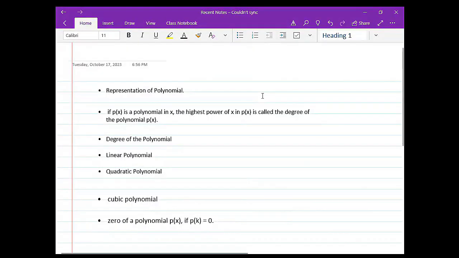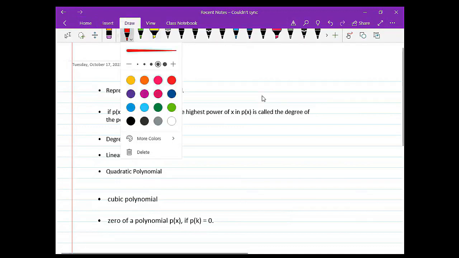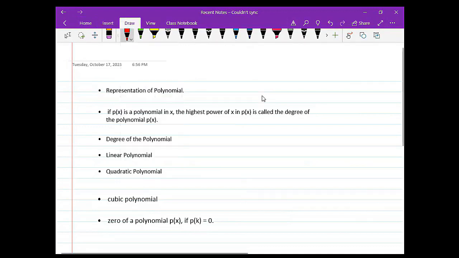Students, in today's class, first I will discuss whatever we are going to learn here. First one is how we represent a polynomial, the representation of polynomial. Then what is the degree of the polynomial?